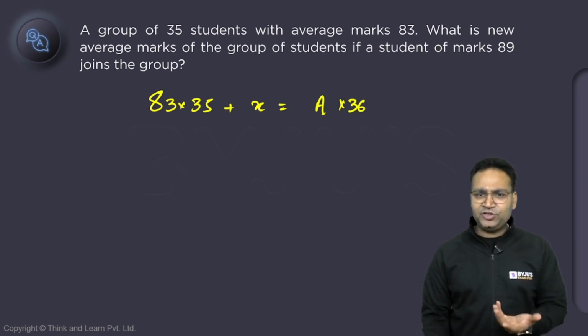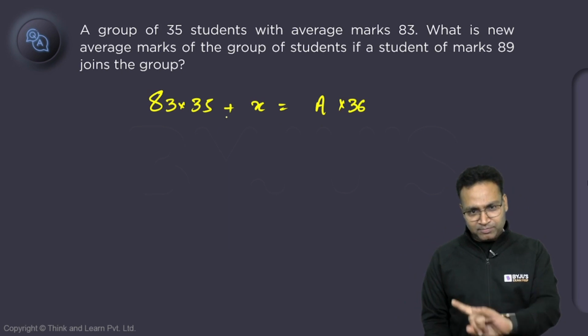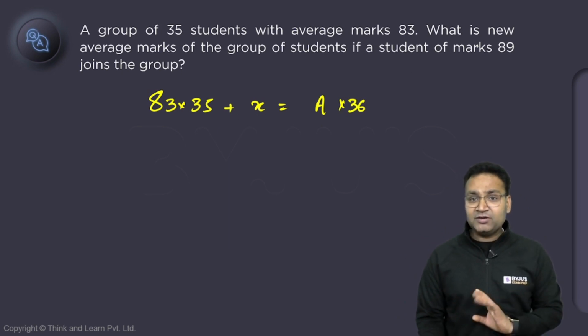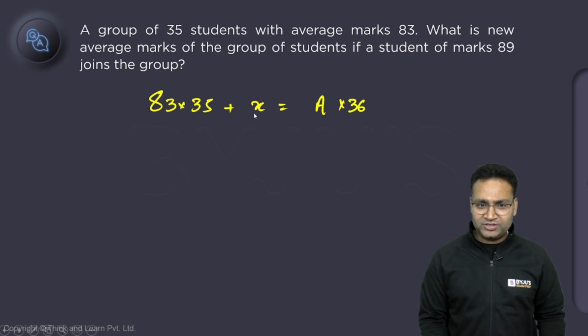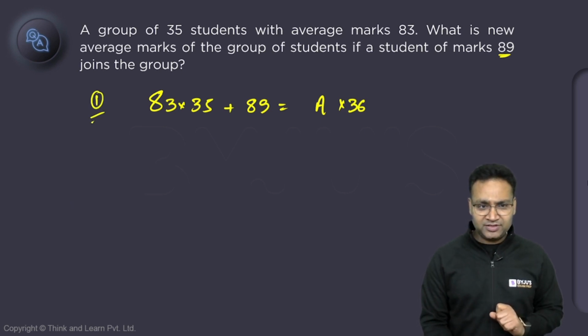So I can get the new average. I repeat. Average into number plus new student is average into 36. What is the new student? We know this already. 89. Write it 89. Clear? That's the one way of doing it. I can answer the question by this method.